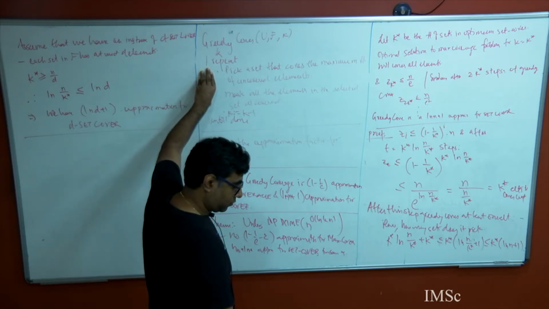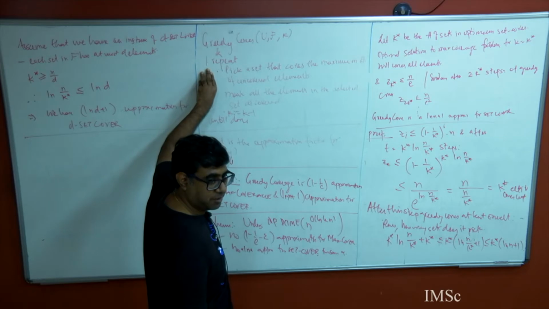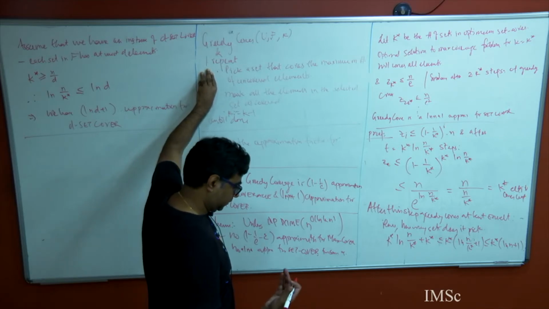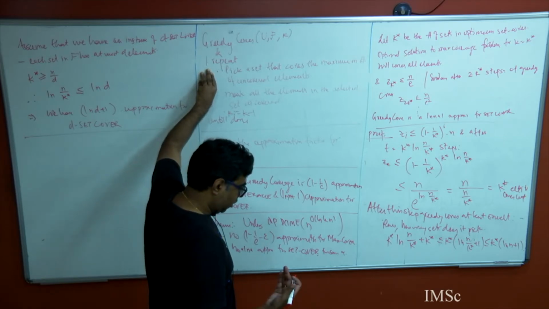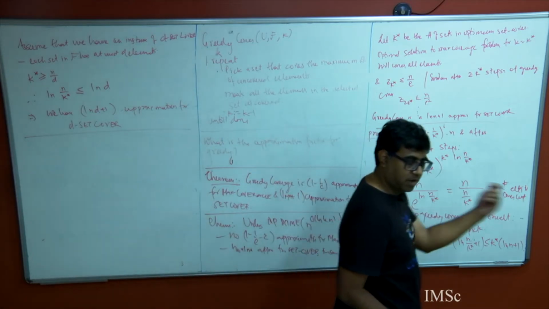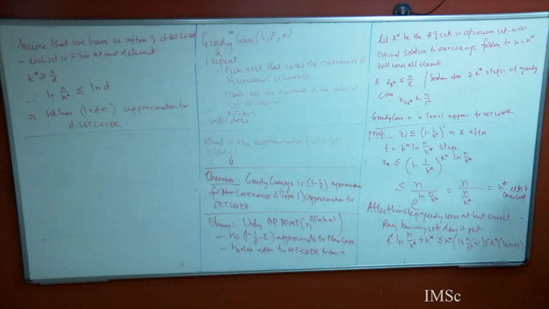Now, if I wanted to do maximum coverage in streaming, sets are coming and you can see whole sets, it's perfectly fine, but I want you to give me a guarantee. So if some set has gone, I don't know in future someone will come which will cover this much or not. So what should I do?